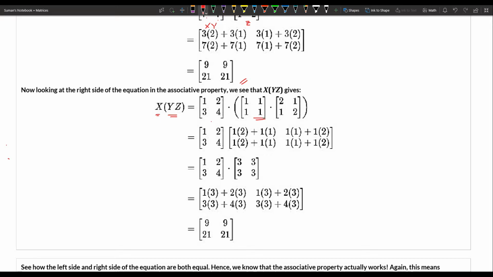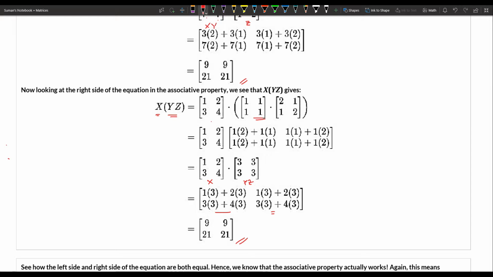So we get YZ as 3, 3, 3, 3. Then we multiply it with X. So we get 1 into 3 plus 2 into 3, 1 into 3 plus 2 into 3, 3 into 3 plus 4 into 3, and 3 into 3 plus 4 into 3.